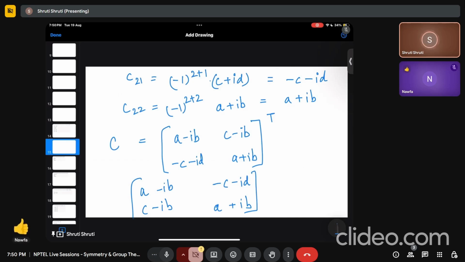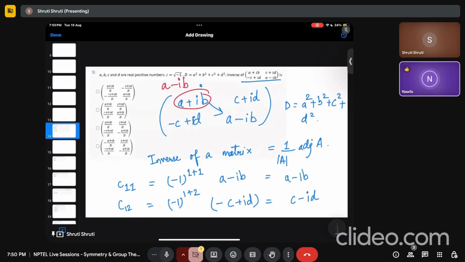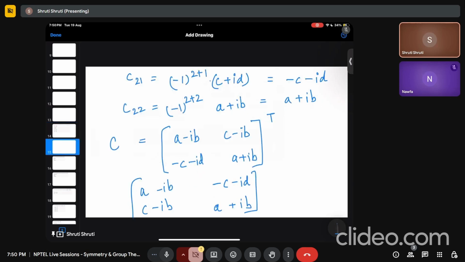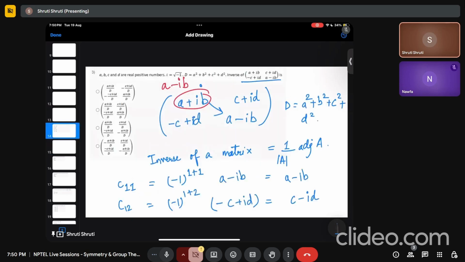Then this is not given in the solution? No, ma'am. The first element is A plus IB in those solutions. So I'm guessing it should be A minus IB in the question. Right.